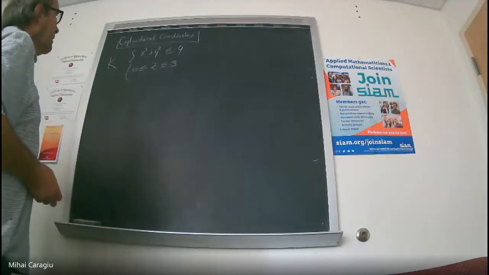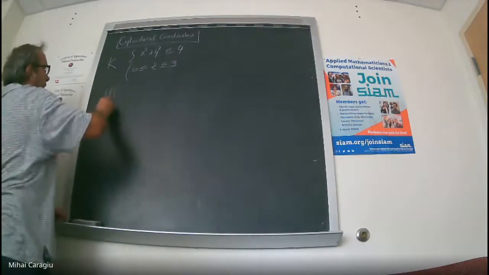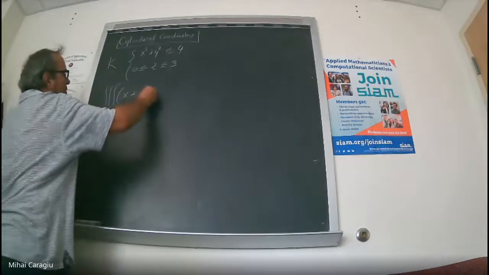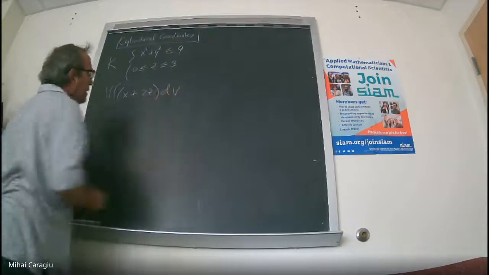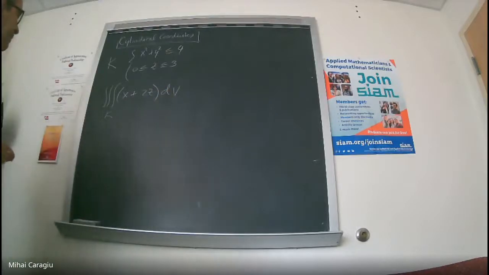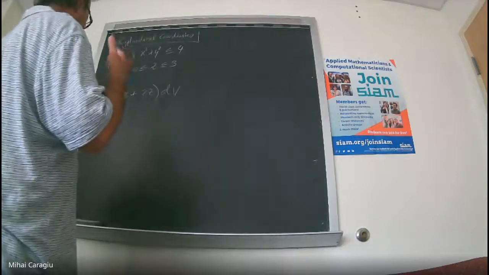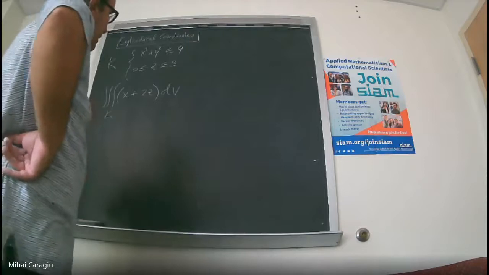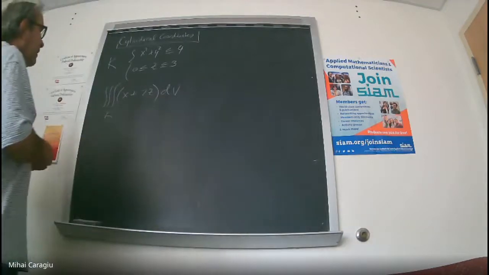So this being said, let's try to find the triple integral over K of x plus 2z dV. This is one of the problems where you should, if possible, try to exploit the symmetries of the integral.